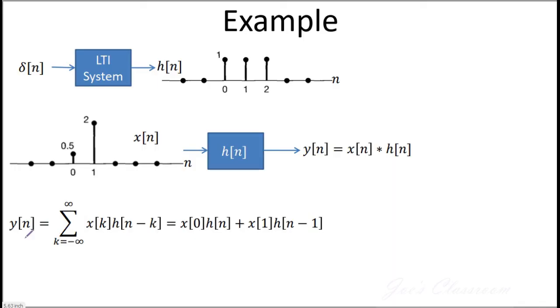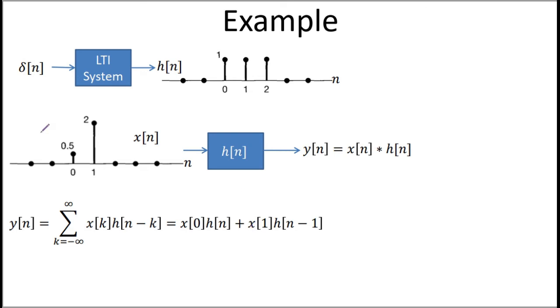We can write the convolution as a convolution sum, and in the previous slide we understood that for this x of n, the convolution sum is going to have only two terms containing x of 0 and x of 1.